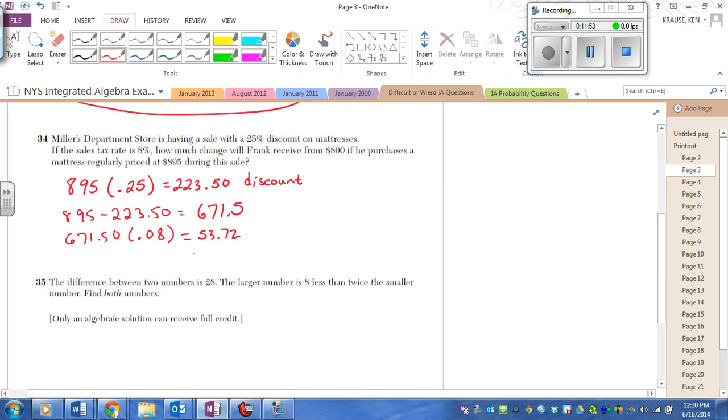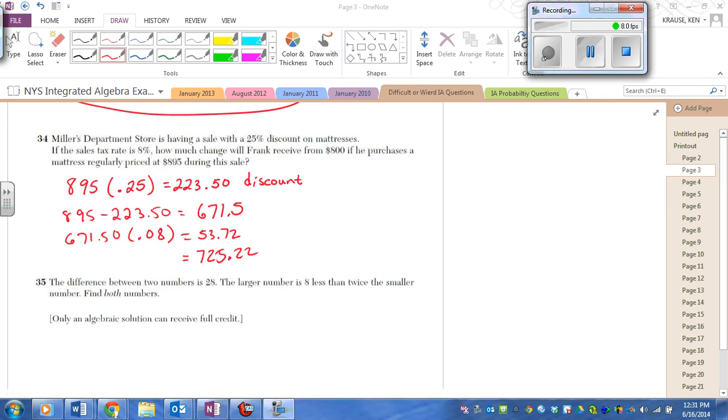This item cost us $725.22. Alright, and now we just have to subtract.